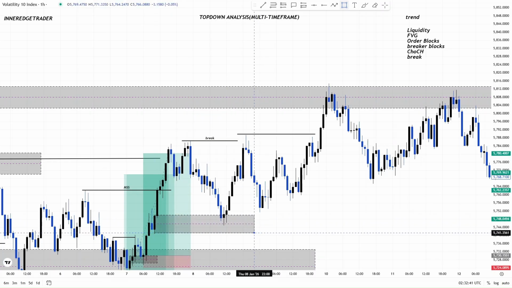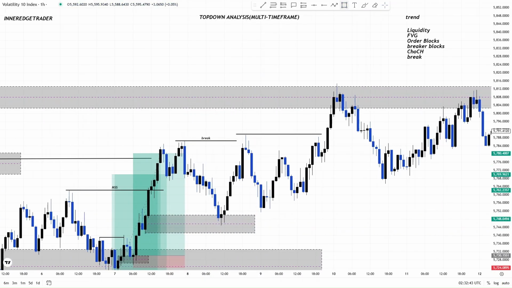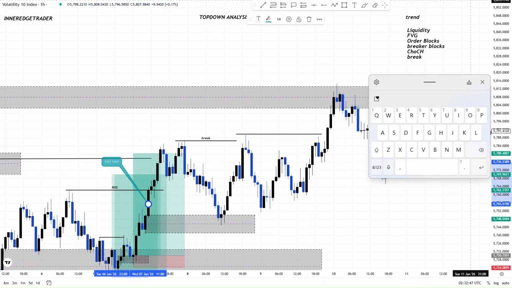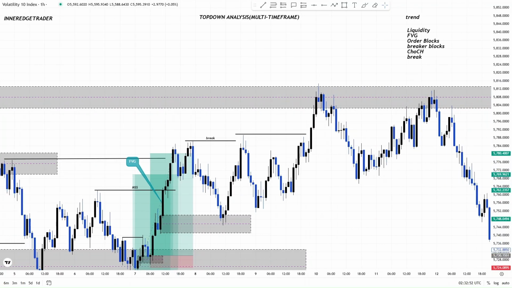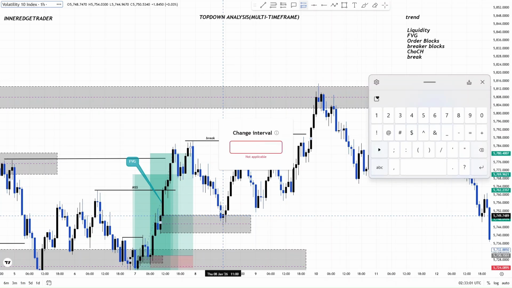This is just pure market movement. If you understand where the market is going, you understand where it's weak. So this is going to give you a good risk to reward ratio if you go to 15 minutes for this entry.